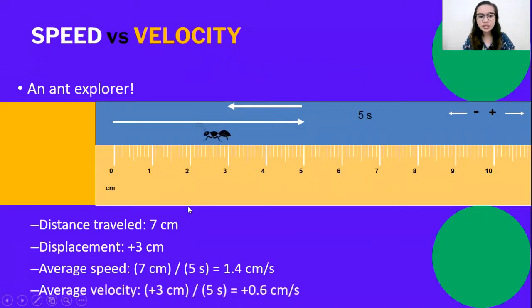And then for the velocity, you will use your displacement, that's positive 3 centimeter divided by 5 seconds, so you will get positive 0.6 centimeter per second. So, yung positive dito, it is enough to determine your direction. So that's the difference. You have here your speed, and then you have here your velocity.